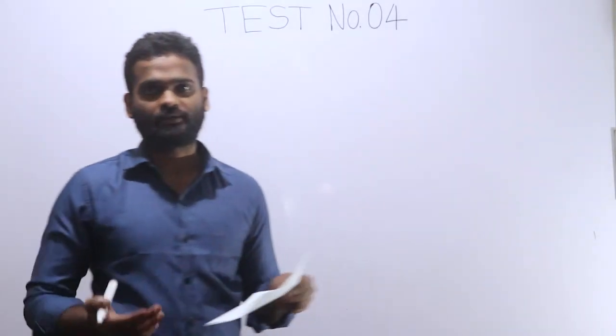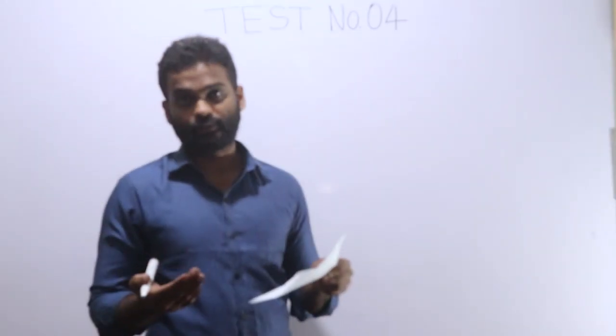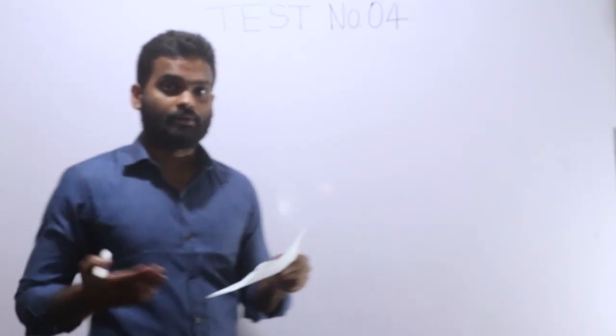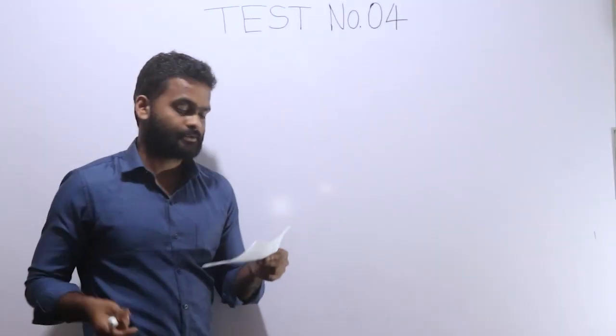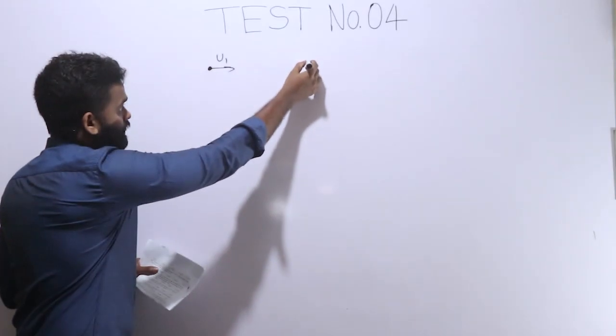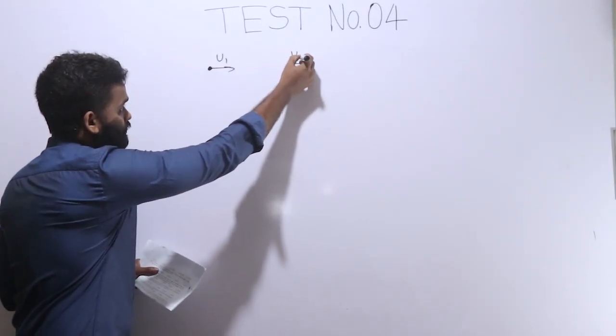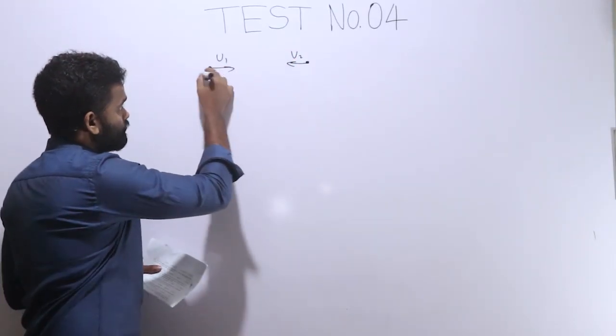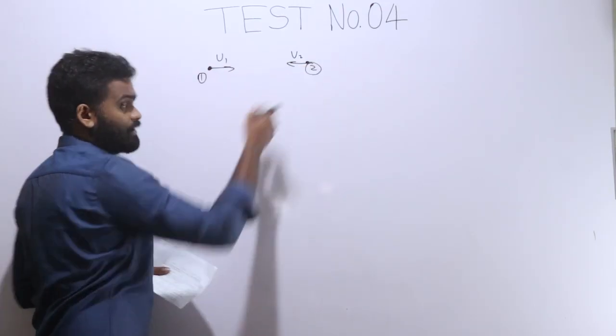If they don't mention that, it means the velocities they ask for are relative to Earth. So I'll say the velocity of the first object is v1, and the second object is v2.